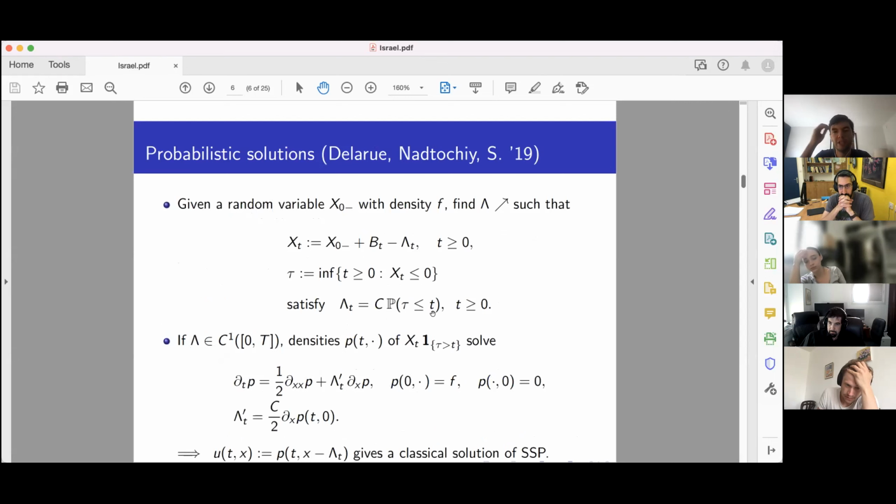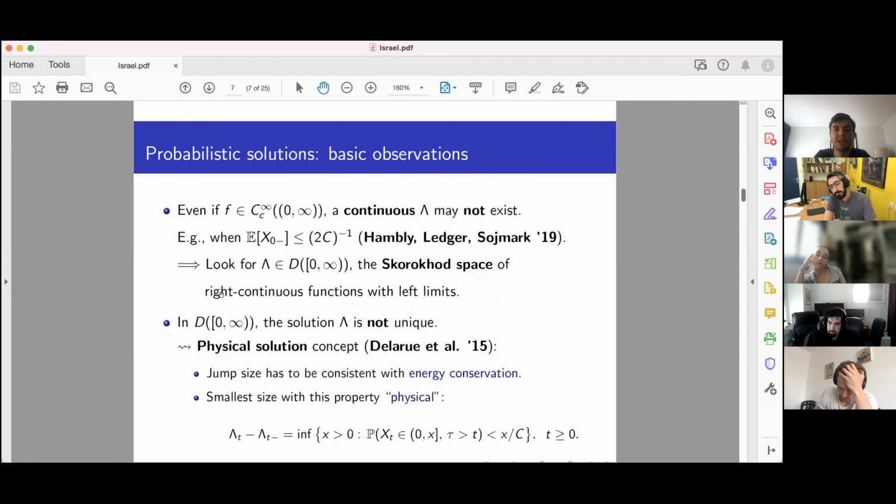You can see already at the initial time that if you are trying to match lambda to the hitting probability, you might have several initial jumps of lambda that will satisfy this fixed point equation.